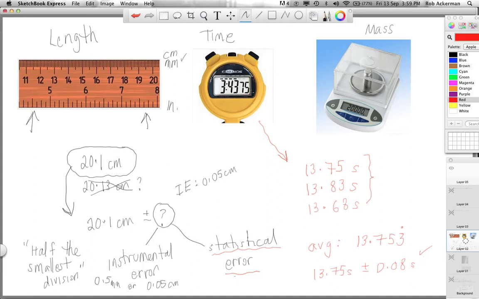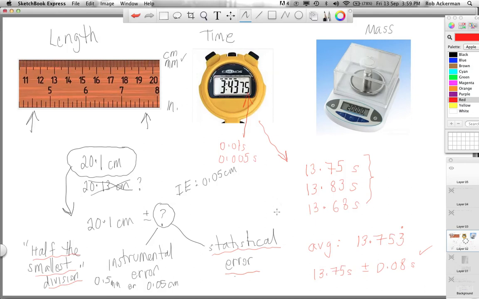Of course, the stopwatch also has small divisions. The smallest division in this stopwatch is the 0.01, the hundredths of a second column. And so just like we used half the smallest division as an instrumental error on the ruler, you might also say half the smallest division on the stopwatch as an instrumental error.